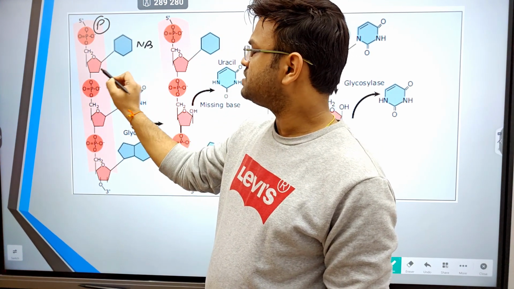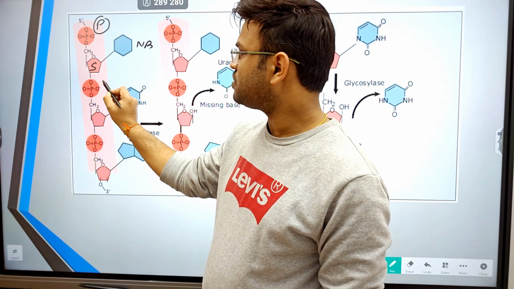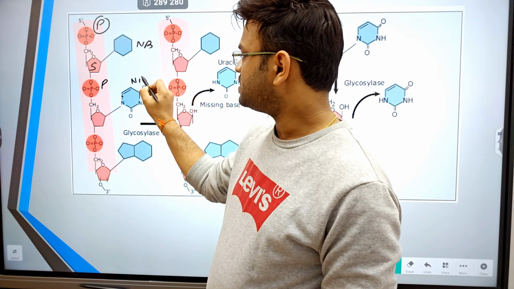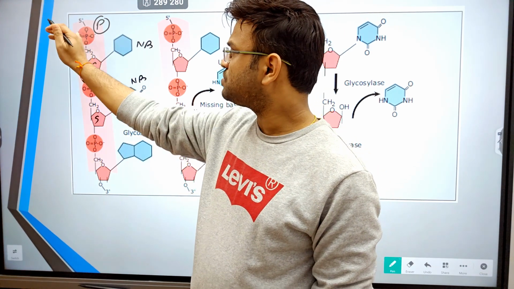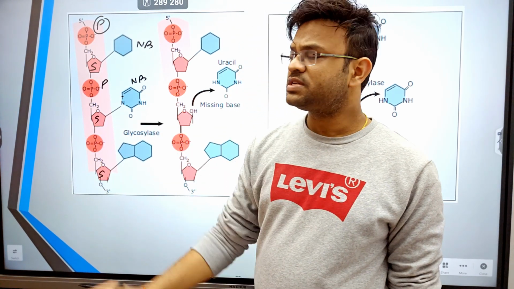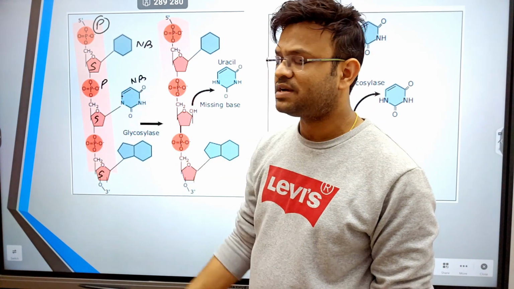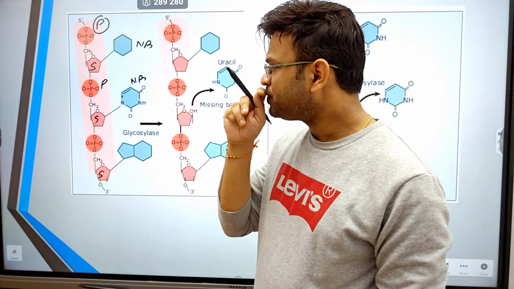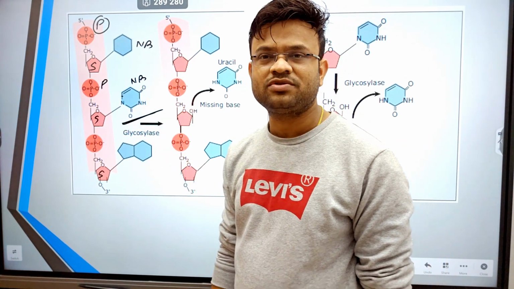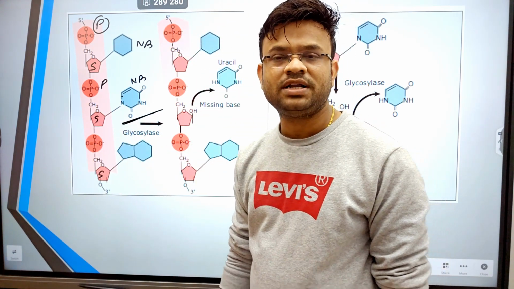You can see this is again a sugar, this is again phosphate, this is again nitrogenous base, and this is again sugar. So sugar, phosphate, sugar, phosphate, sugar, phosphate, sugar. So this is the sugar phosphate backbone, and on it the nitrogenous bases are attached, as you can see. If you pay attention over here, this nitrogenous base, if you remember the structures of the nitrogenous bases, you will observe that this nitrogenous base does not belong to the DNA strand.